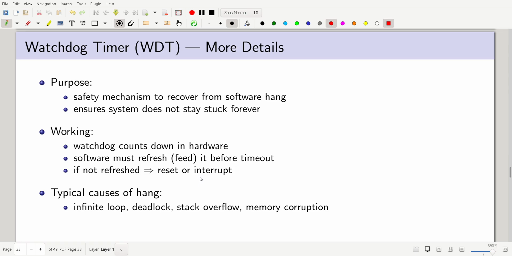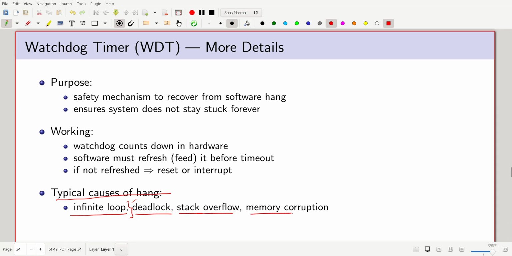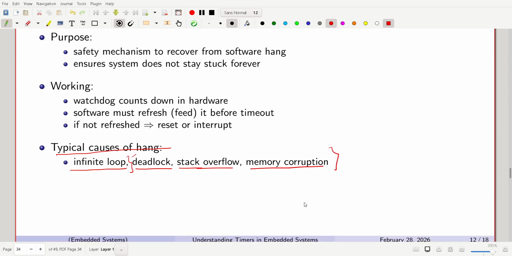Typical causes of hang: an infinite loop, deadlock, stack overflow, memory corruption. So these are various causes of how software gets hung: infinite loop, deadlock, stack overflow, and memory corruption.